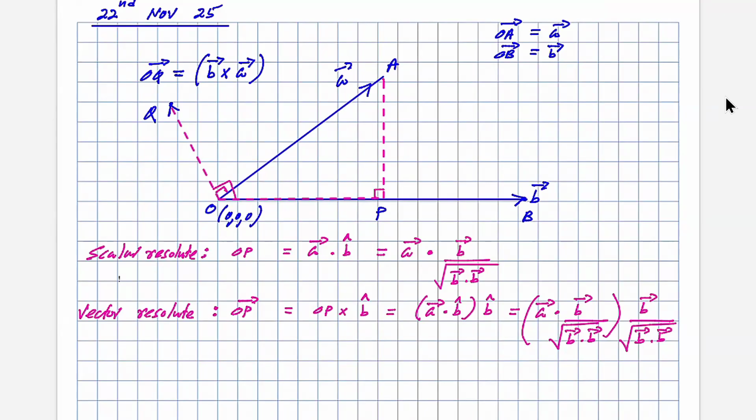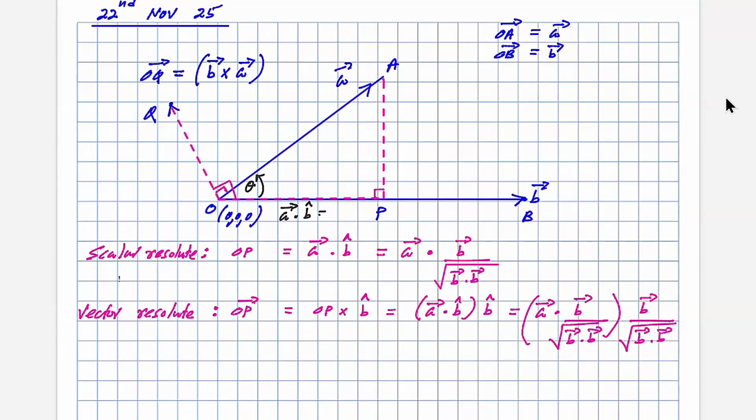Okay, now look at this. Suppose this is theta. You understand this length is going to be, look at my board, A vector dot B hat.